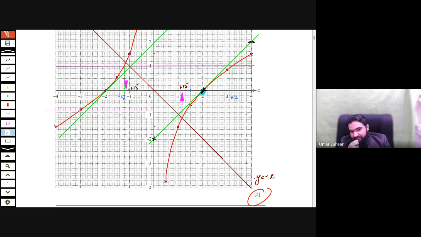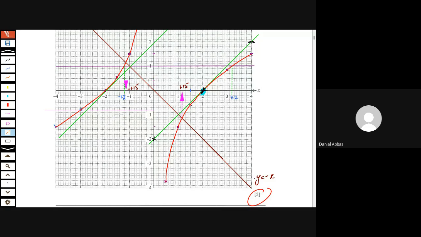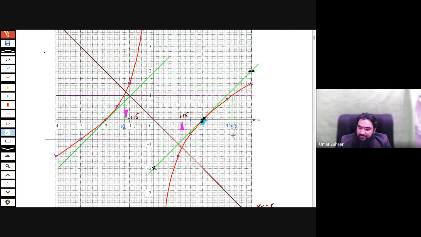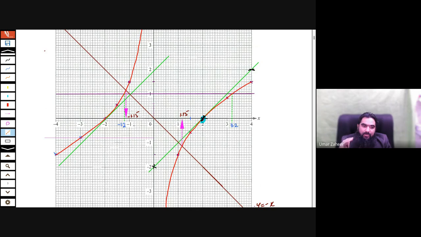Yes, everyone. So you can repeat the question. Basically, in the whole grid, we have to draw a line which is not going to cut the graph.